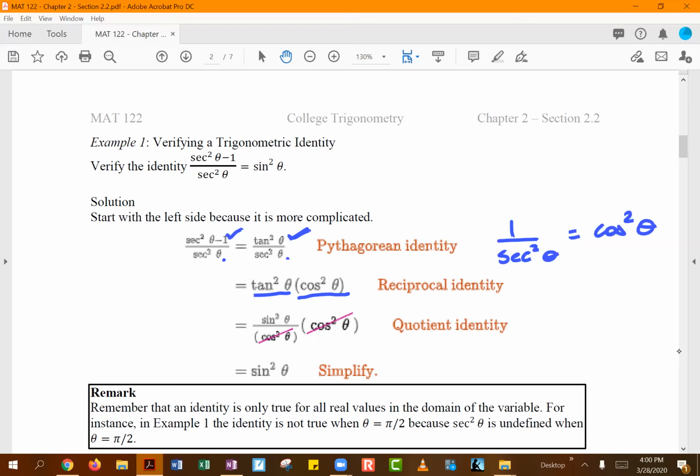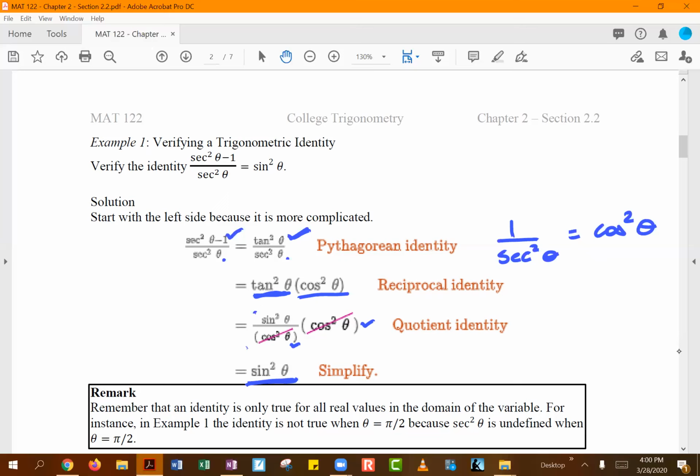So that's where this cosine squared of theta is coming in. Then using our quotient identity, we are rewriting tangent squared of theta as sine squared theta over cosine squared. Since I have one cosine squared in the denominator and one cosine squared of theta in the numerator, they both cancel each other out, leaving us with sine squared theta.